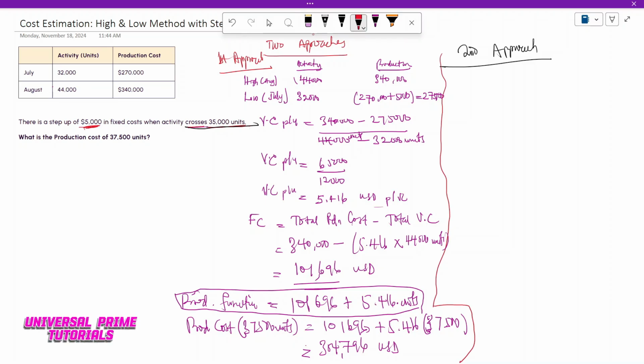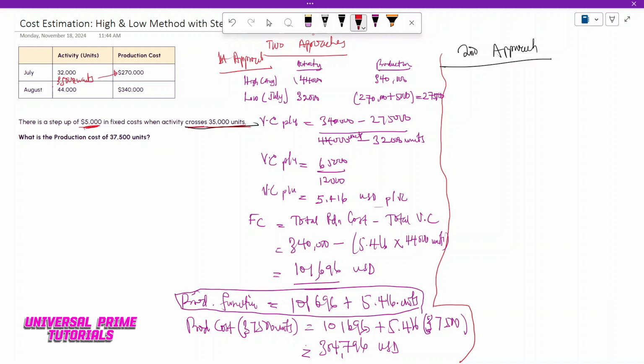This question is saying there is a step up of 5,000 in fixed cost when the activity crosses 35,000 units. So from 32,000 all the way to 35,000, the production cost is 270,000.